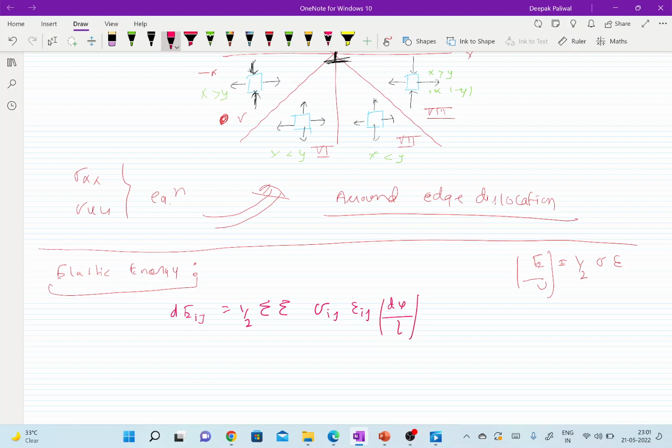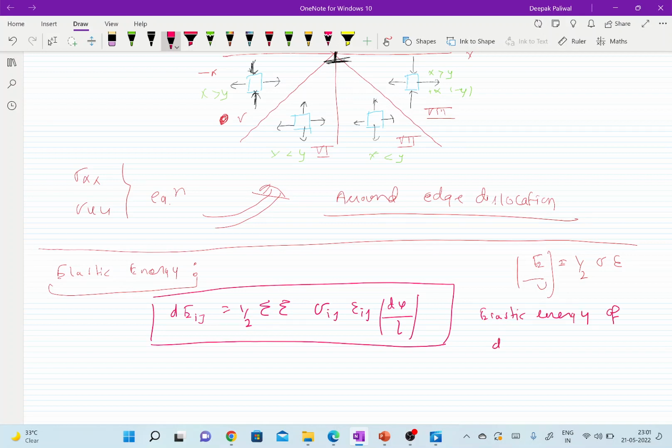So we want to calculate the elastic energy of dislocation, particularly the screw dislocation, per unit length of dislocation.